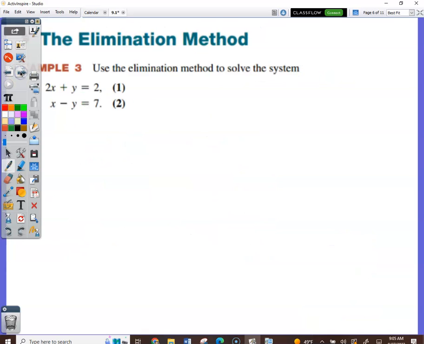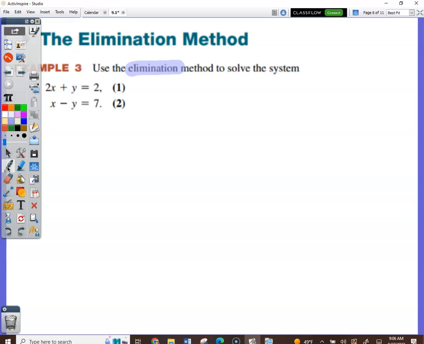Okay, now let's go to the one that you've not seen in a while, which is the elimination method, which is my favorite because stuff disappears. Hence the name elimination. This is where it's very helpful to have the little numbers like equation 1, equation 2.